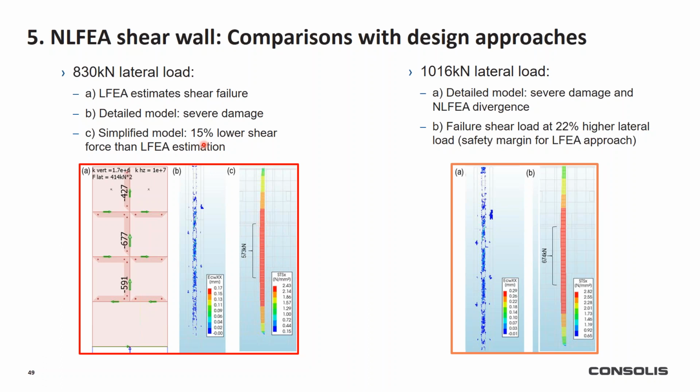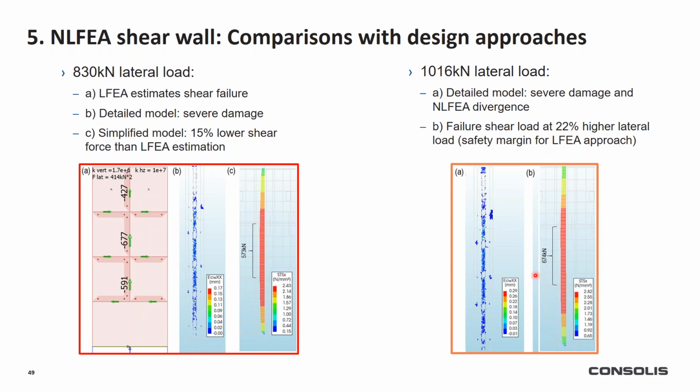However, we have 15% less shear force than estimated in linear elastic. The reason is the fact that we have a nonlinear stress distribution, and eventually we reach the maximum lateral load, a 22% higher lateral load.